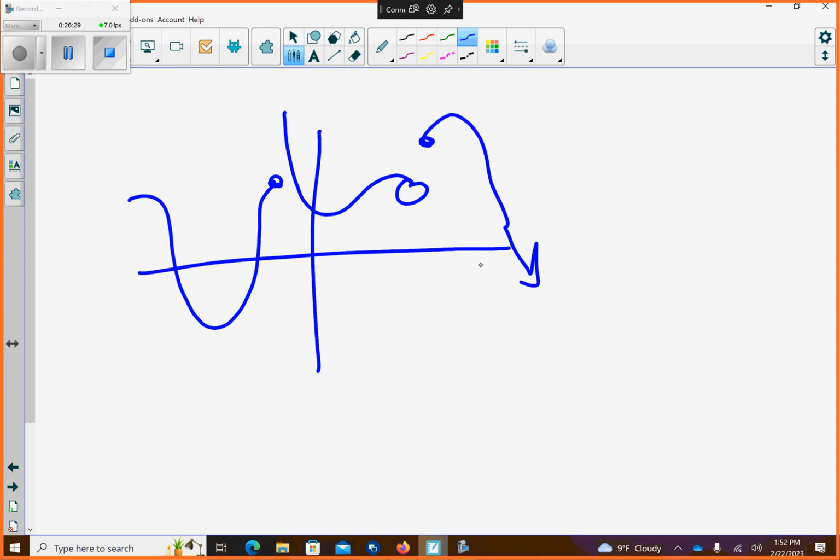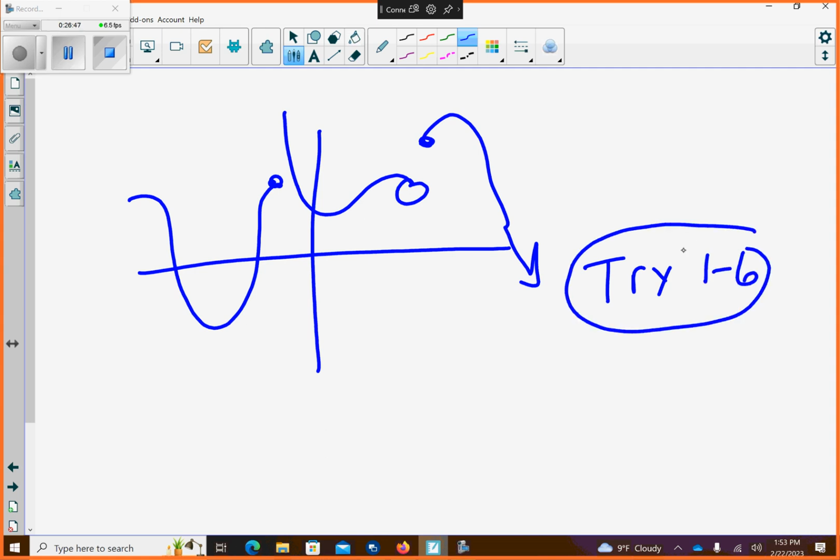Kind of looks like that. I don't know. Something like that. So try 1 through 6. Now I will warn you that when it says f at -8, go to -8 and you find the exact point. So this one would actually come out to be -3.